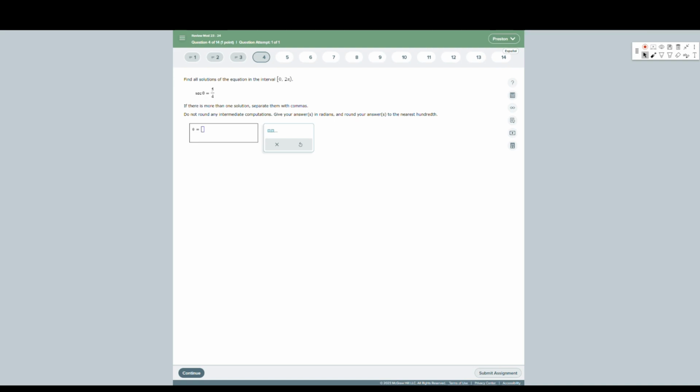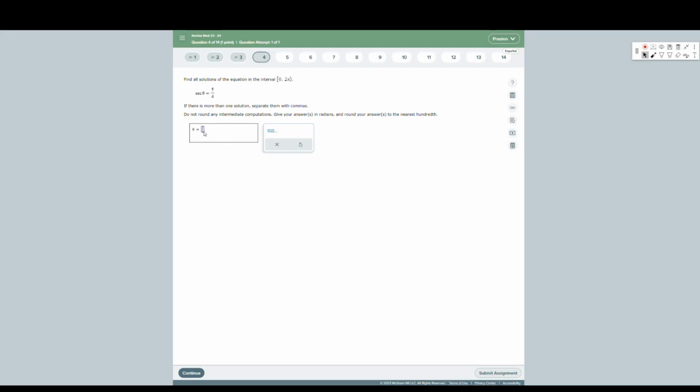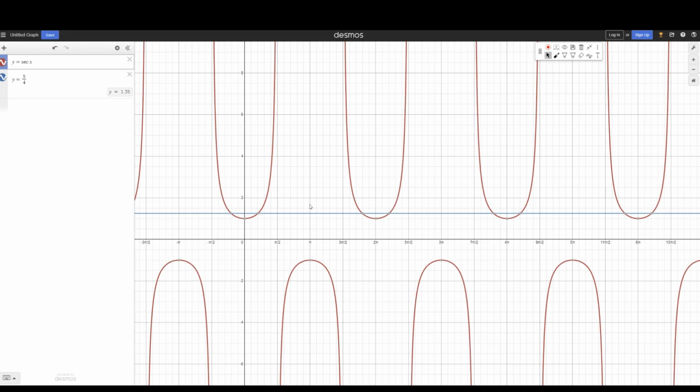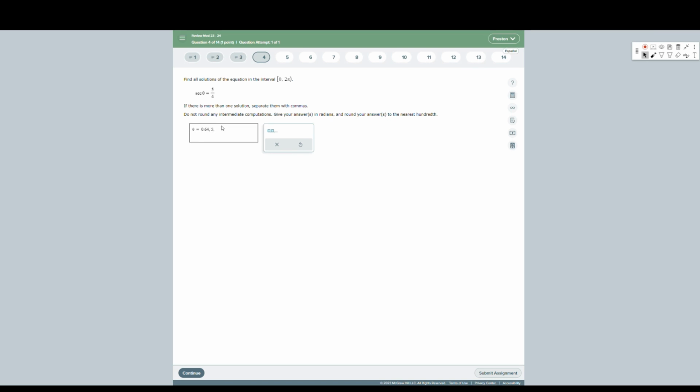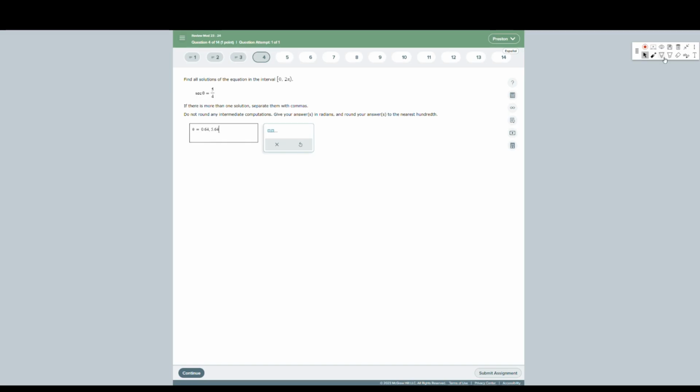Since this is the secant, we're looking at where x is going to equal the intersection, which is going to be 0.64, and 5.64, but that is it because we're not going to include 2 pi, so anything after that we're not looking for. And that gives us the answer 4.